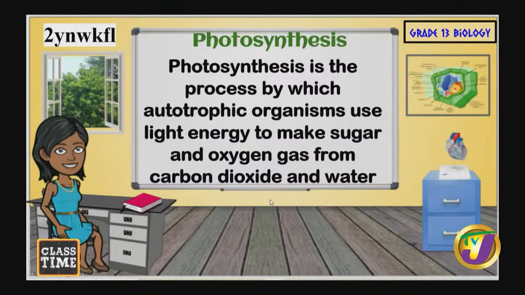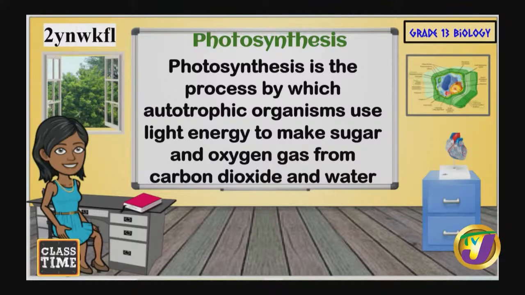Usually we know already that photosynthesis is the process by which autotrophic organisms, mainly plants, have the ability to make food using basic substances known as carbon dioxide and water. There is oxygen that is also made during the process.